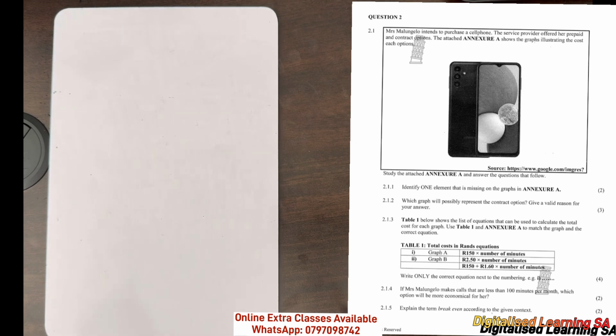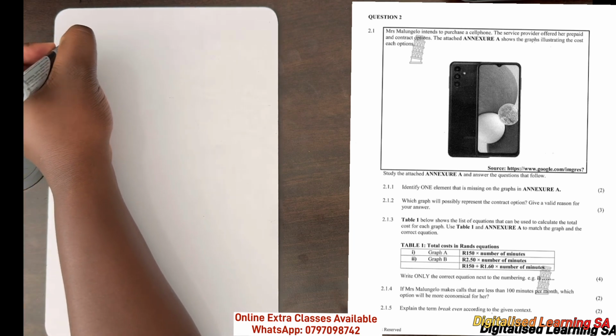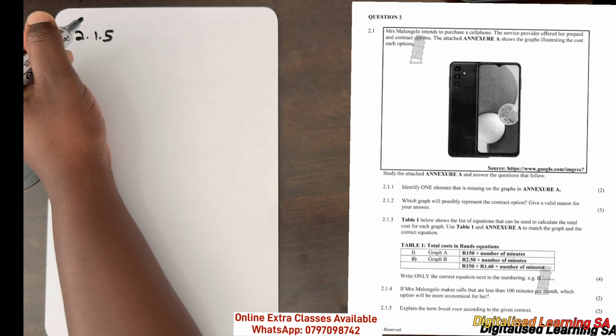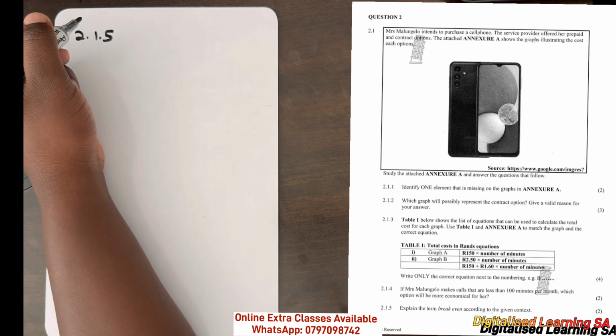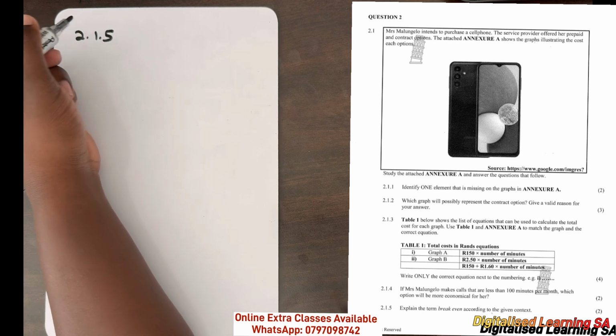So we will answer question 2.1.5. Question 2.1.5 says explain the term break even according to the given context. So in this context, break even is when the contract option and the prepaid have the same total cost for the same number of talk time minutes.